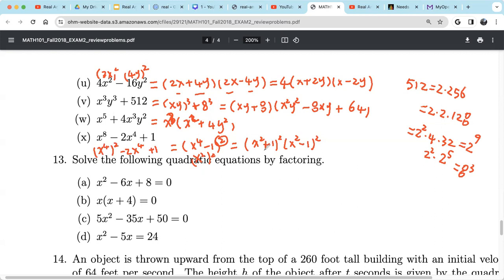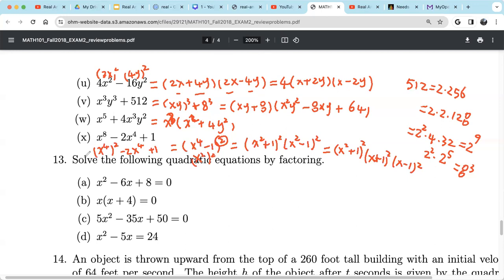Minus 1 squared. So that's why it can be split into (x squared plus 1) squared, then (x squared minus 1) squared. Well, x squared minus 1 is another difference of two squares. So this is squared, don't forget. x squared minus 1 is (x plus 1)(x minus 1), but then it's squared. So three factors: (x squared plus 1) squared, (x plus 1) squared, (x minus 1) squared.